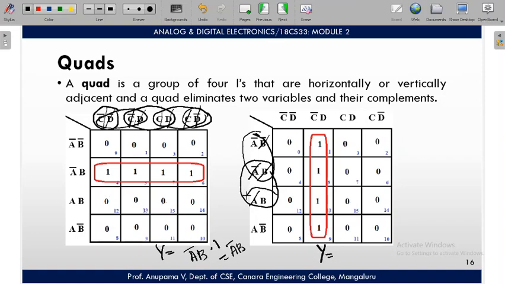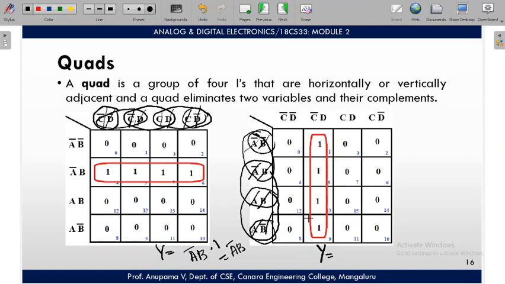If I see the next two terms, B and B bar are the terms which change their form, so B and B bar get eliminated. If I see this term with the first row, I can see A changing its form from A to A bar, so this gets eliminated.